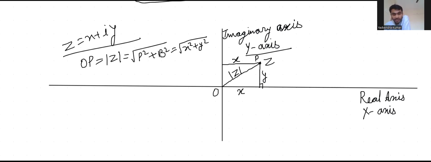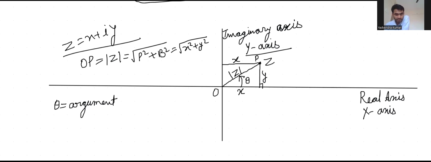Now here we define the angle made by the complex number in the anti-clockwise direction from the positive x-axis. Let's call this angle theta, and this theta is called the argument. To calculate the argument, we need to define alpha, right?